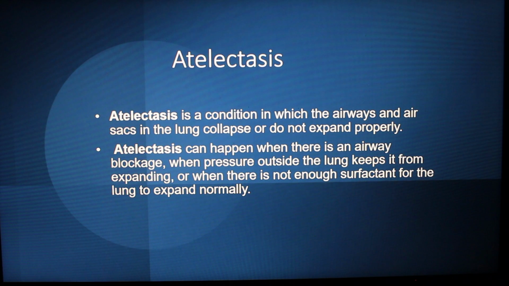So atelectasis can occur for whole lobes of the lungs. It can occur in what we call patchy atelectasis, meaning there are just small areas of the lungs that haven't inflated properly.